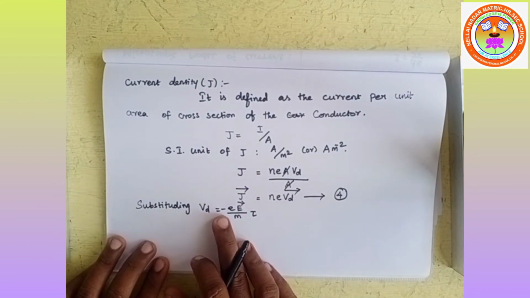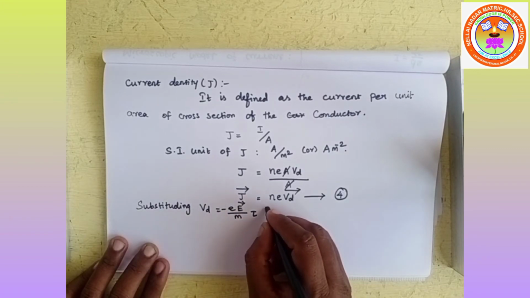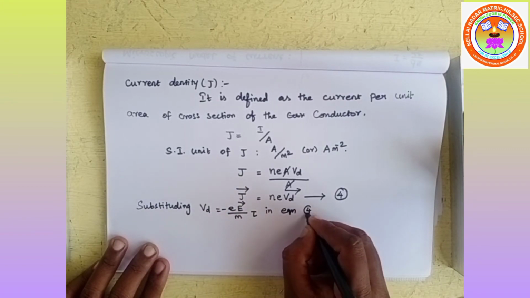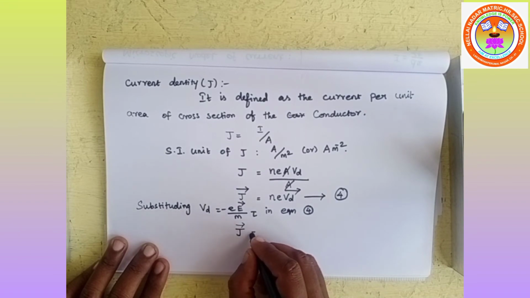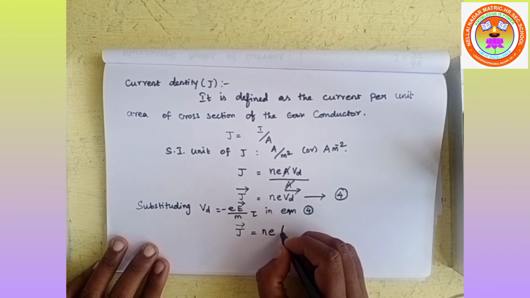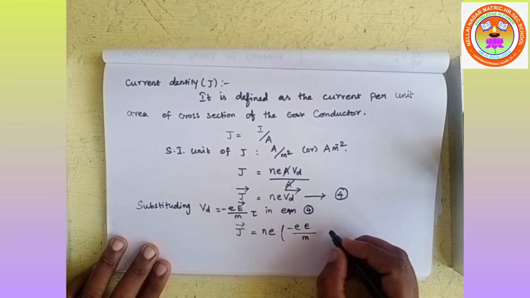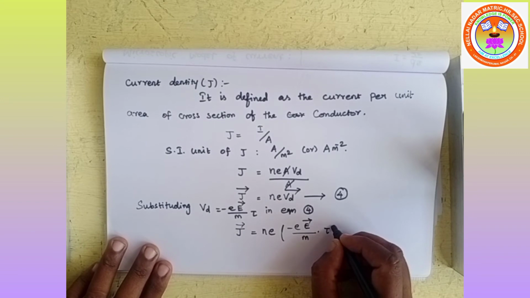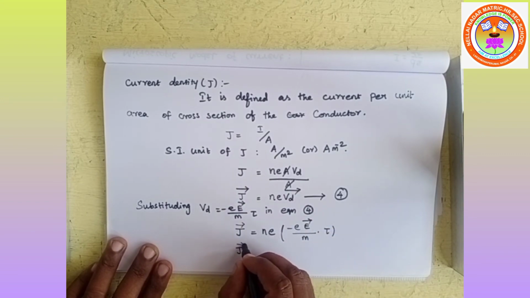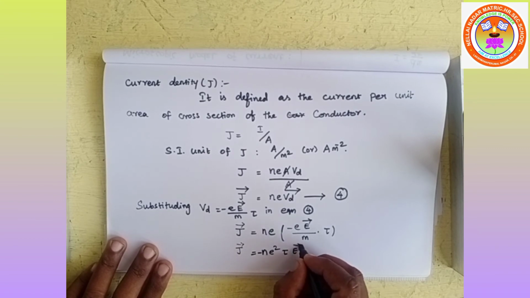Substituting vd is equal to minus E vector divided by m tau in equation 4, we get J vector is equal to n E into minus E tau E vector divided by m. So J vector is equal to minus n E square tau E vector divided by m.